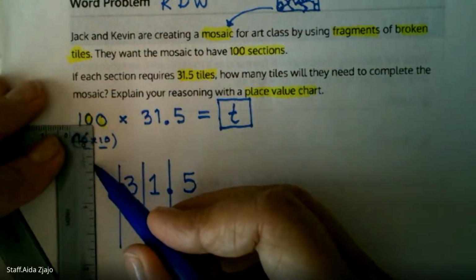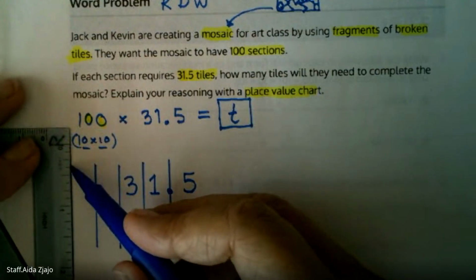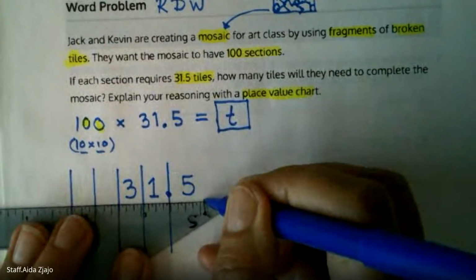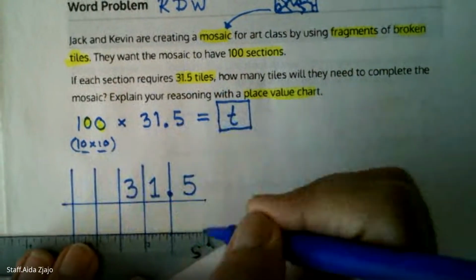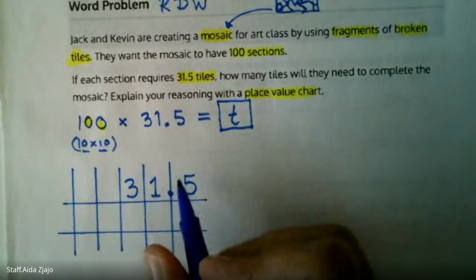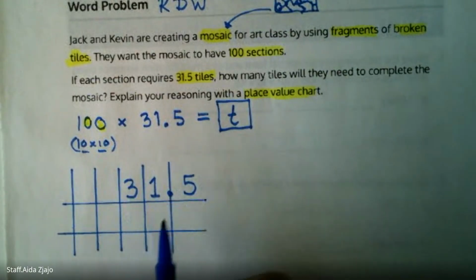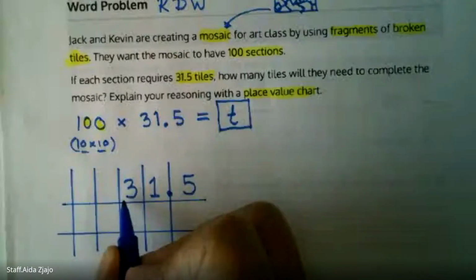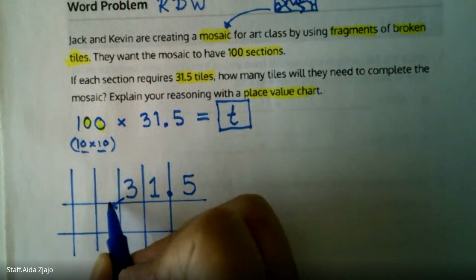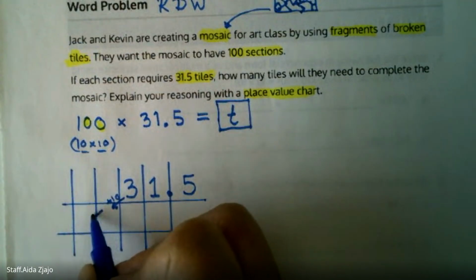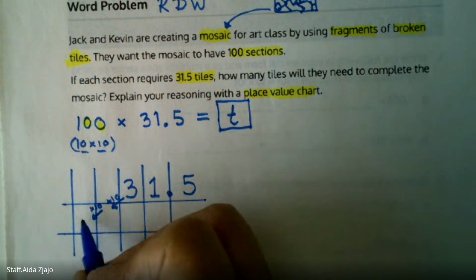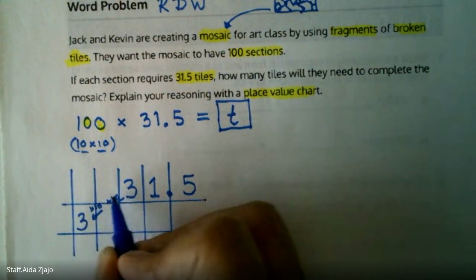Okay, so I'm going to draw lines, and you can make this too if you like. That would make a real chart. So this is 1/10, and we need to move 2 times. So 1 time is times 10, and again 1 time is times 100. So the 3 is going to be here.